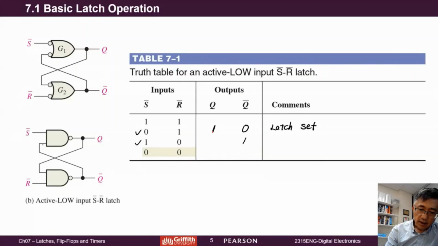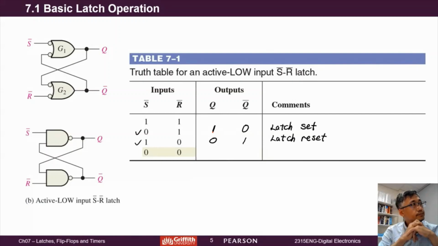So here is high 1, and another terminal is 1. So 1, 1. A NAND gate here will be 0. So this one is 0. Okay, make sense? All right. So as we mentioned, if Q is 0, we call it reset. So this one is called the latch reset. Okay, we finished 2 conditions.